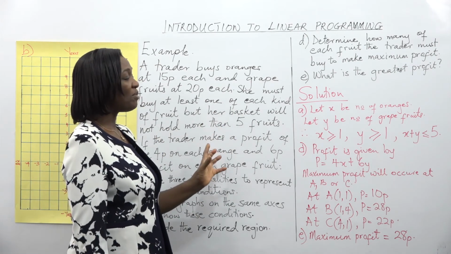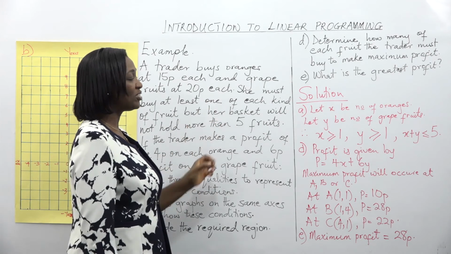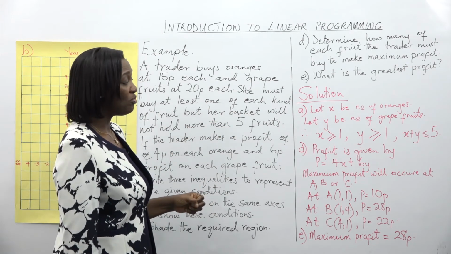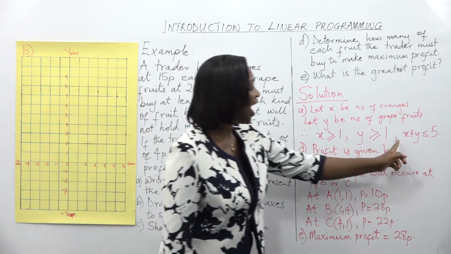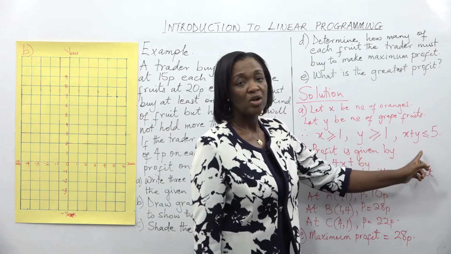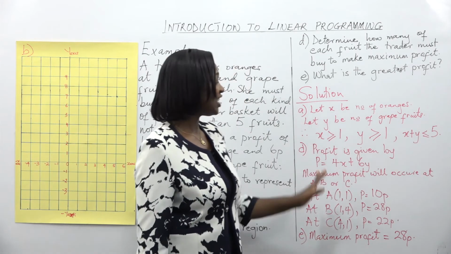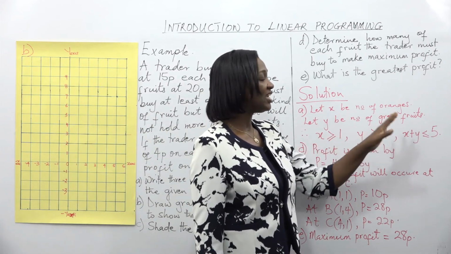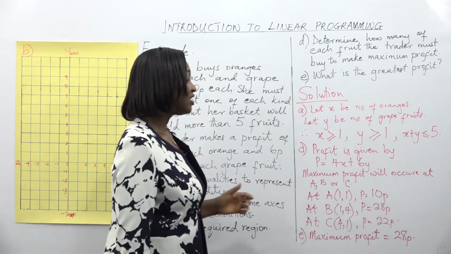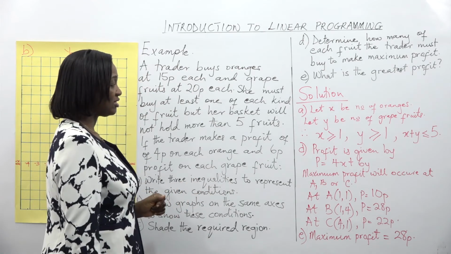That's when you put the number of fruits together, both the grapefruit and the oranges, it shouldn't be more than 5. So x plus y is less than or equal to 5. So these are the 3 inequalities that will satisfy the given conditions.